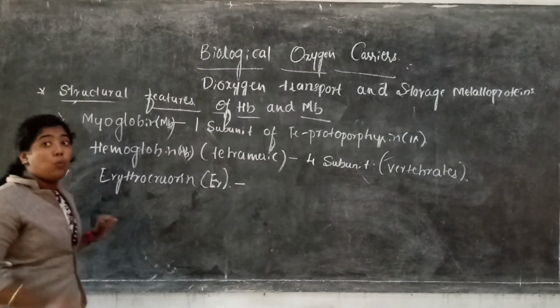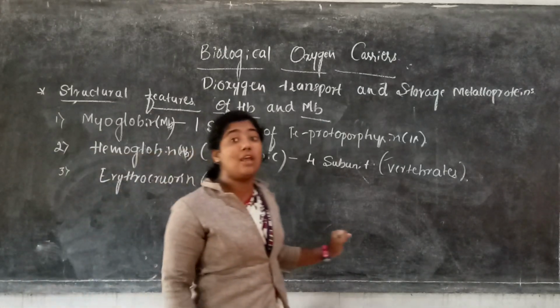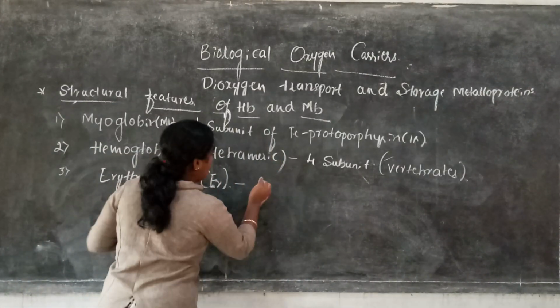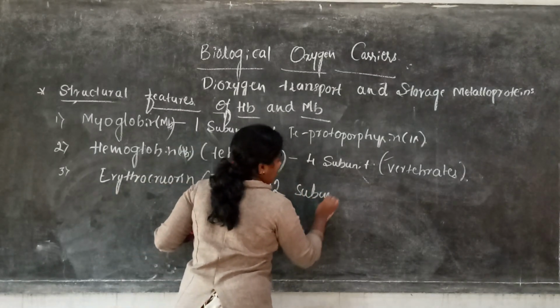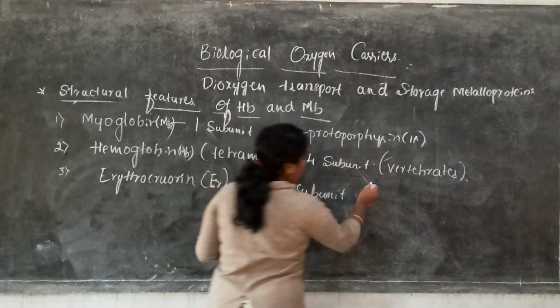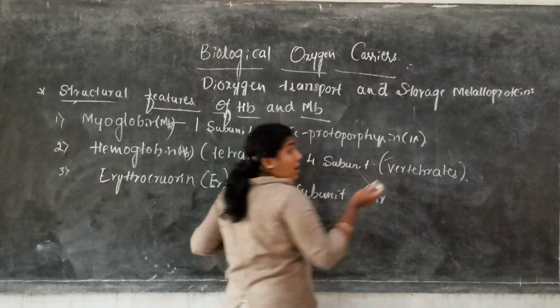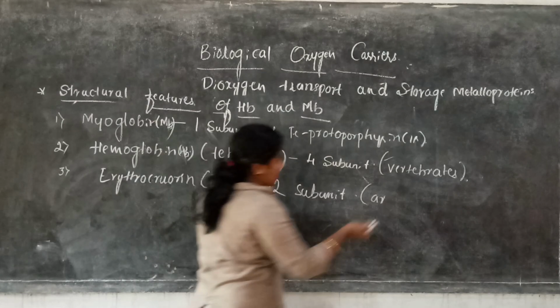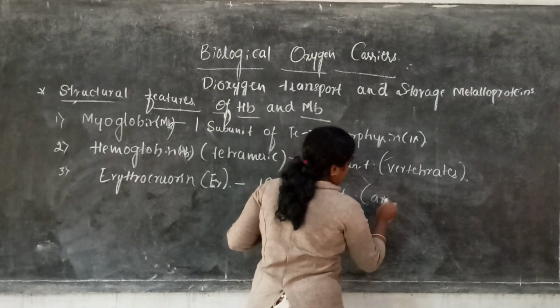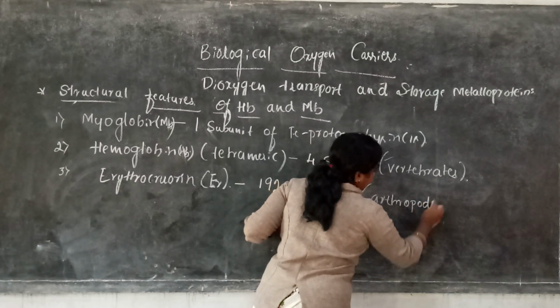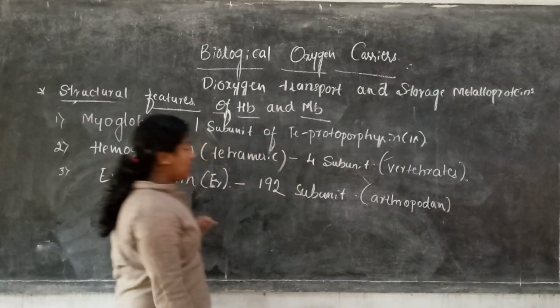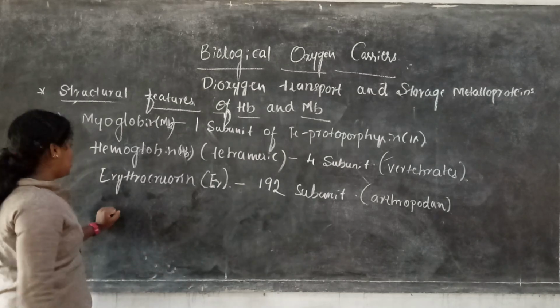It contains 192 subunits in arthropods, which are invertebrates. The 192 subunits are present in the arthropod family.